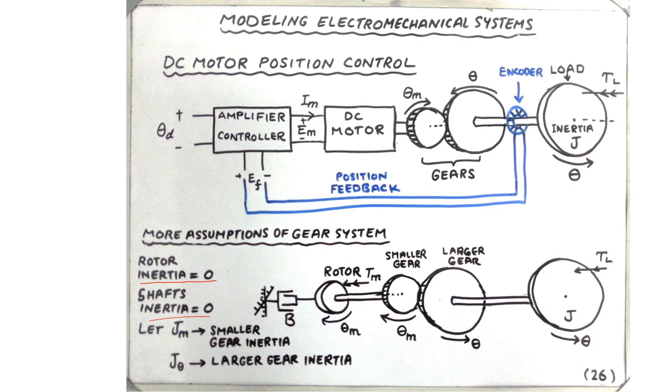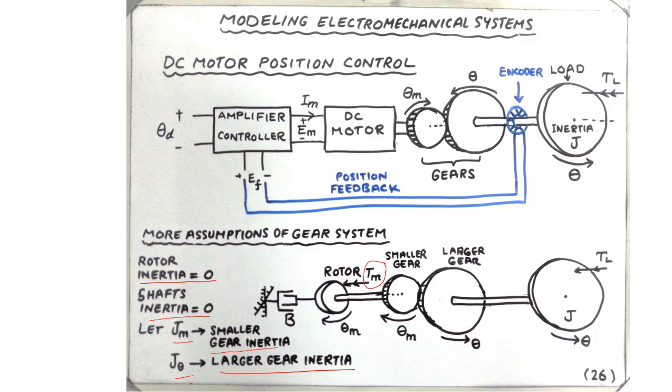And proceeding further, let Jm be the inertia of the smaller gear and J theta be the inertia of the larger gear, shown here. Now, one of the things that has been missing so far is the description of the torque generated by the motor, Tm.